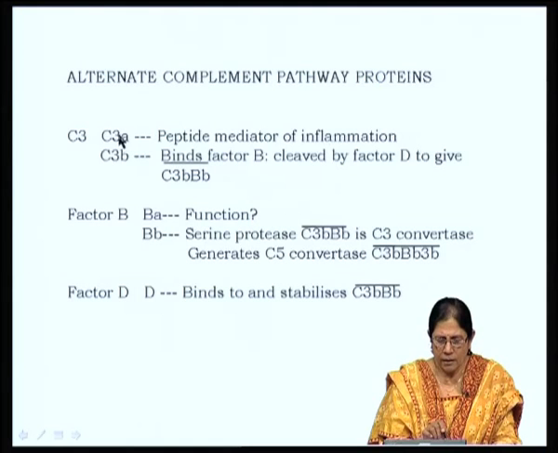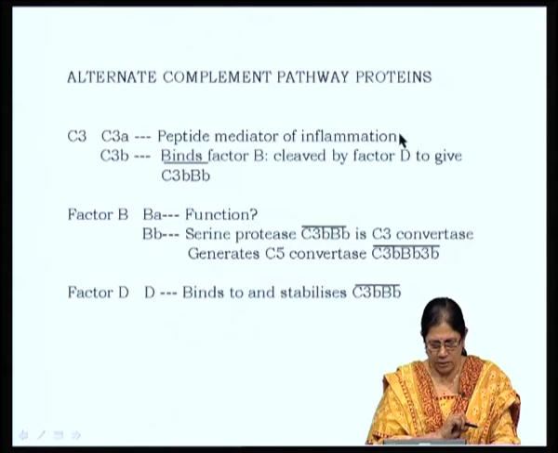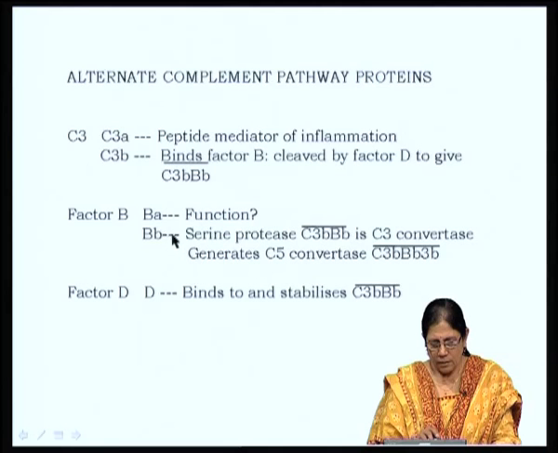C3a, as discussed earlier, is a peptide mediator of inflammation. Factor B, which is also a serum protein, gets cleaved by factor D to Ba and Bb.